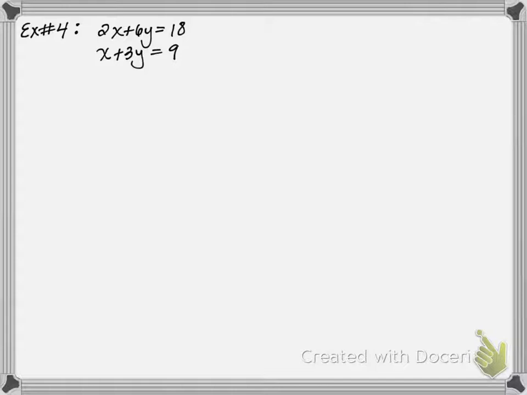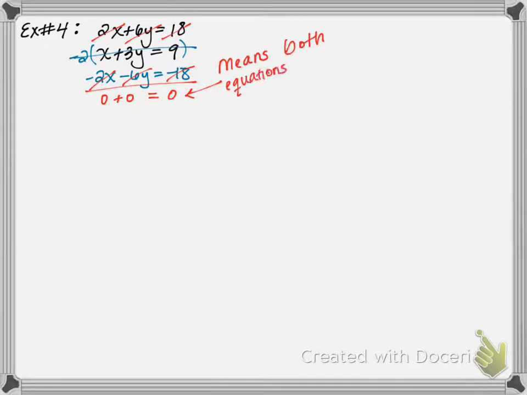So I'm going to multiply the bottom equation by negative 2, because I want to make it a negative 2x so that it will cancel with 2x. So when I do that, I get negative 2x minus 6y equals negative 18. And then when I add those two together, everything cancels out. The x's cancel, the y's cancel, and the numbers at the end cancel.